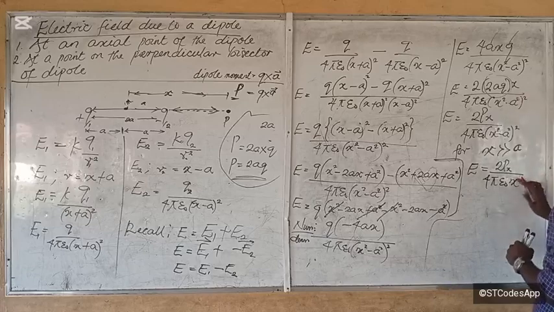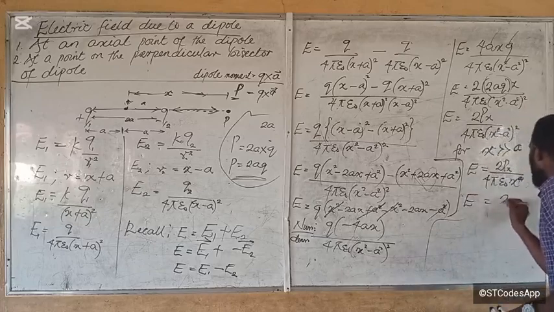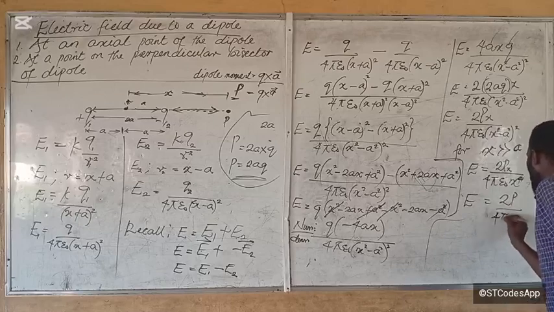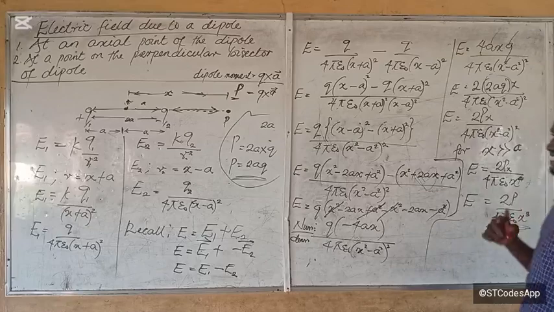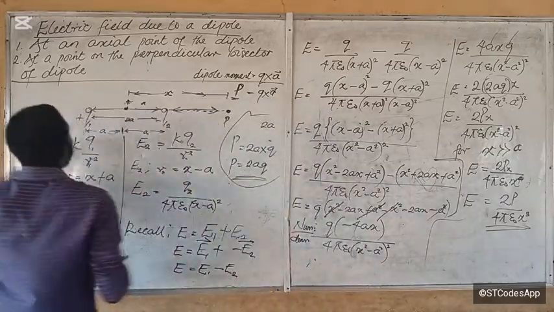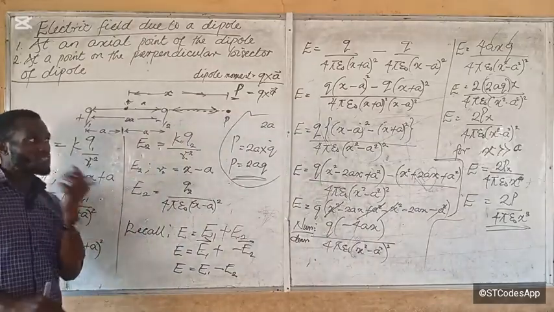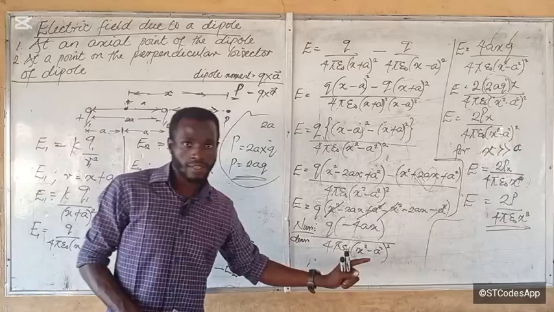That's going to be x raised to power 4. Then x can now cancel x, yeah? So that E becomes 2p over 4 pi epsilon naught x cubed. And this is going to be our electric field at an axial point from our dipole. I hope that is clear.